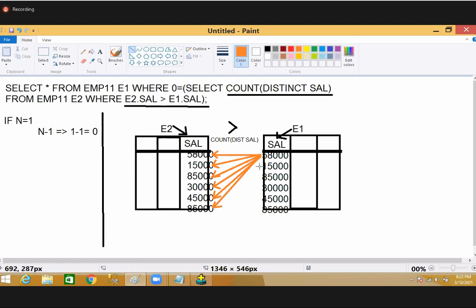Okay, now 58,000. Here which symbol is there? Greater than symbol. Greater than means above. For 58,000 above, how many salaries are there in my E2 table?